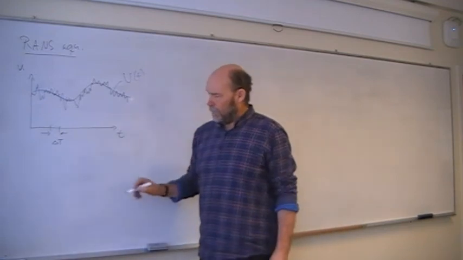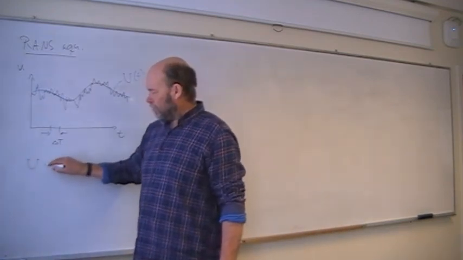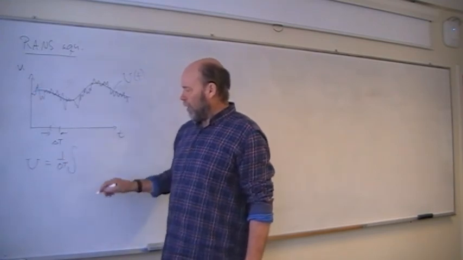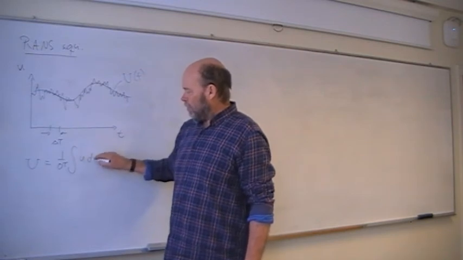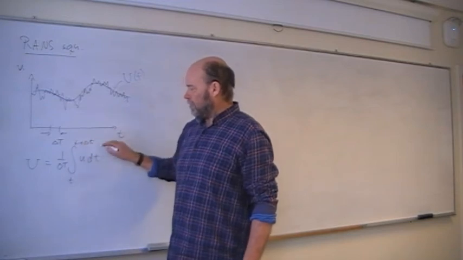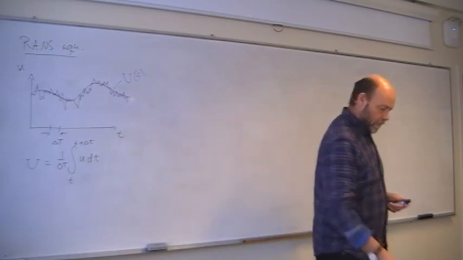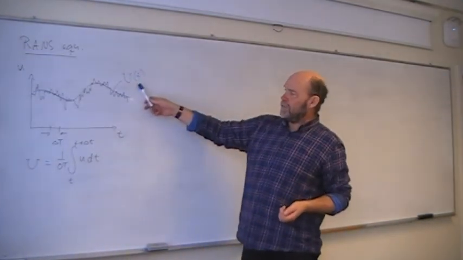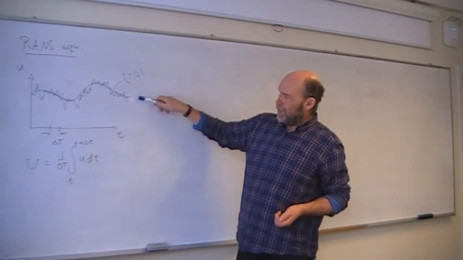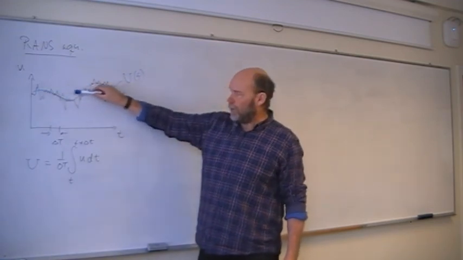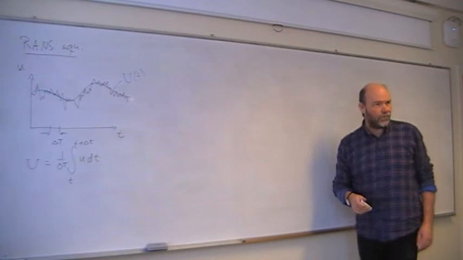And then you say my average velocity will be 1 over delta t times the time integral of u dt from t to t plus delta t. The size of this time window gives you the time dependency of the mean function. If you have a very big window, of course you won't see this change at all, then it'll just be one constant. So a little bit your choice.